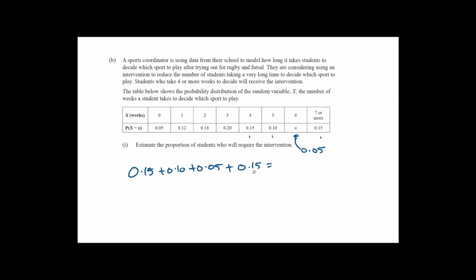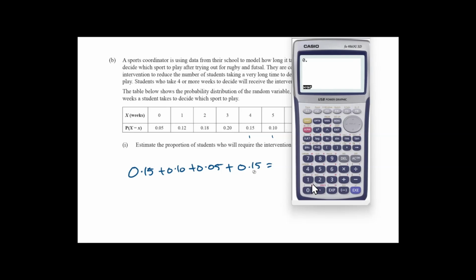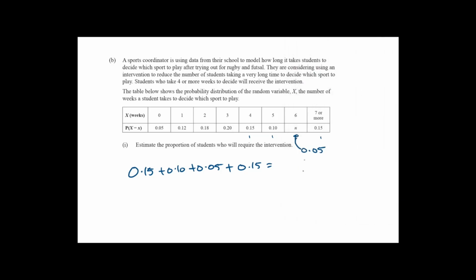All right. So 0.15 plus 0.10 plus 0.05. I'm just paranoid about putting these in properly. 0.45, which I guess you could say is equal to 45% if you wanted to say it's a proportion. But tricky, as these all have to add up to 1.